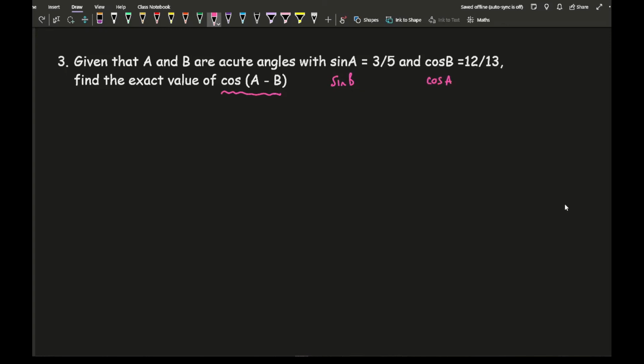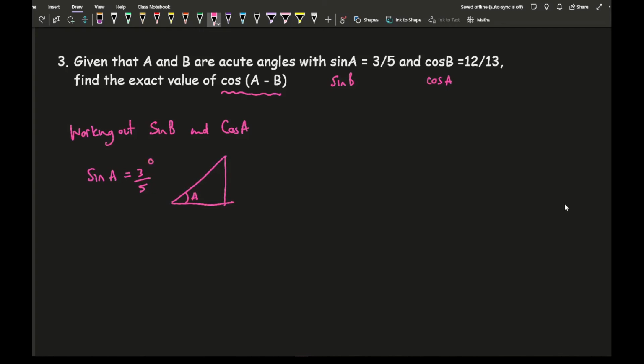Now in order for us to find those two things out, what I need to do is split this to work out the value. So let me just write working out sine B and cos A. Now if I take sine A equals 3 over 5 and I draw that right angle triangle, now this angle here is A. Now in terms of sine, when do I use sine?